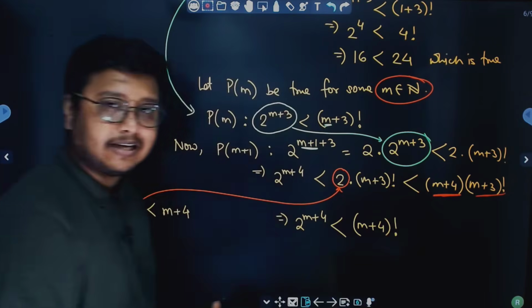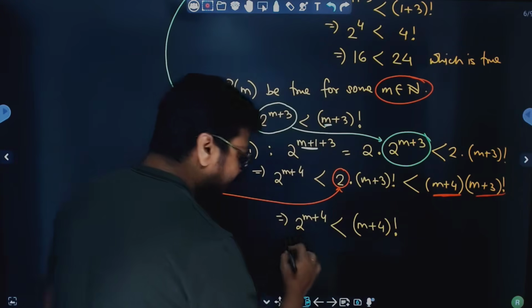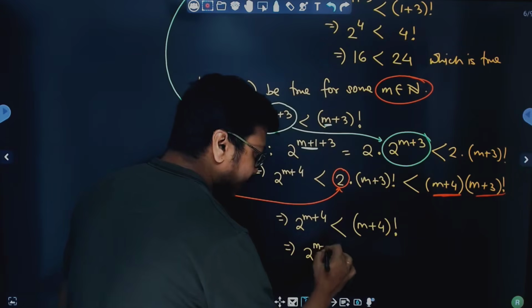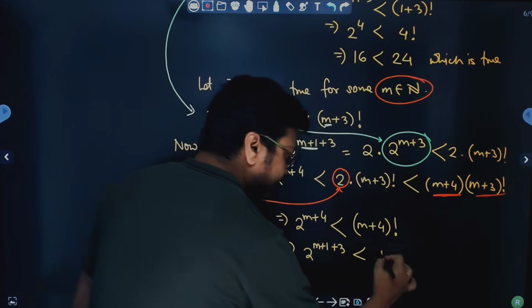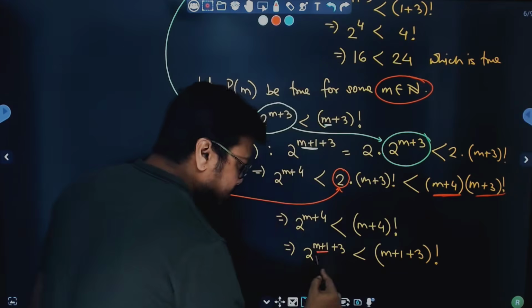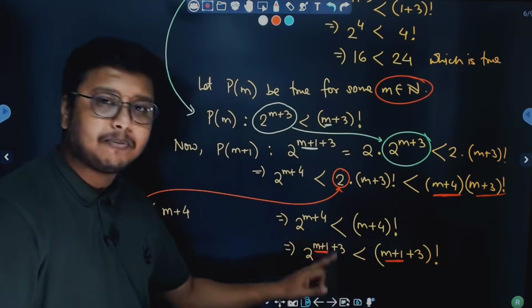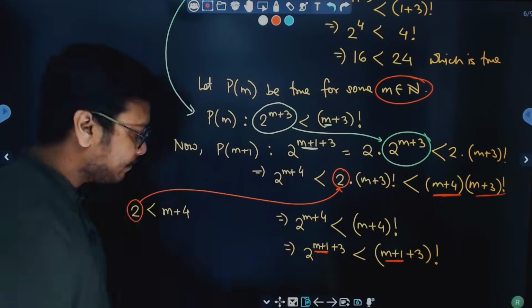Now just recollect, as I was telling you, this is what we were trying to show, right? If I break this down, I should write it in this format. M plus 1 plus 3 is less than m plus 1 plus 3 factorial. So this m plus 1 and this m plus 1 tells us that this is our m plus 1th statement, right?